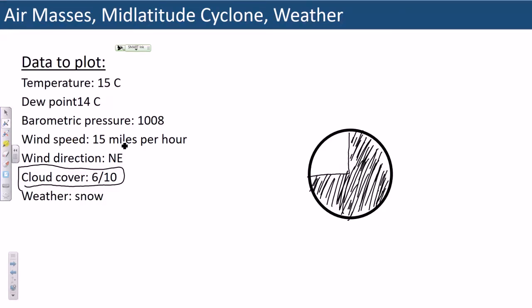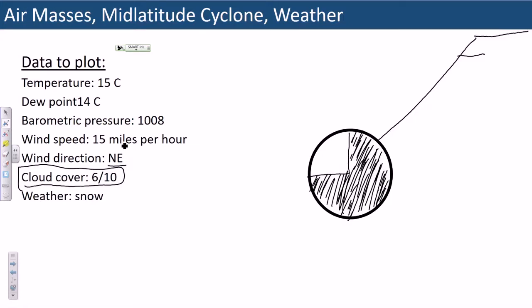I have a wind direction from the northeast, so that means the line is going to point towards the northeast. I have a velocity of 15 miles per hour, so that means I need a long line and I need a short line, the little fletching lines drawn on that symbol.